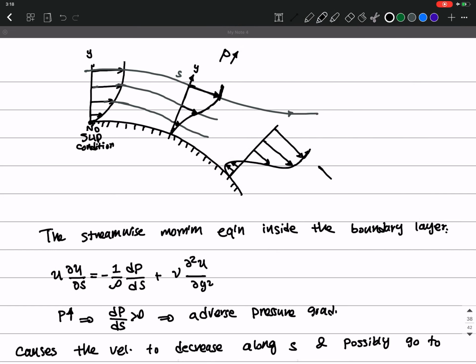Because here we have adverse pressure gradient acting opposite the flow direction, and this leads to this reverse flow, which is the cause of this separation, flow separation.